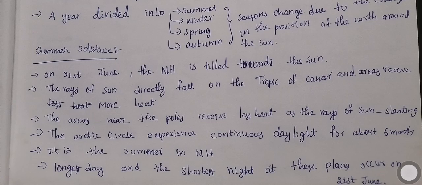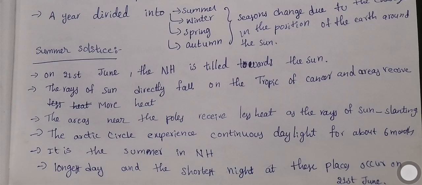But if you come to the summer solstice, the Arctic Circle experiences continuous daylight for 6 months, as it is towards the sun. The Antarctic Circle is in the southern hemisphere. The Arctic Circle is in the northern hemisphere.